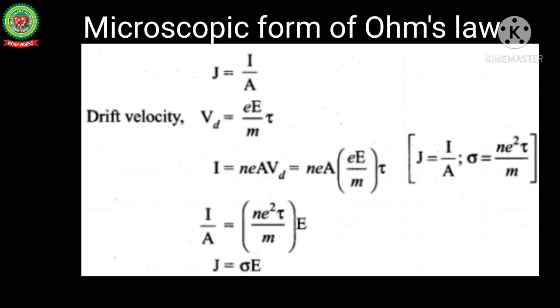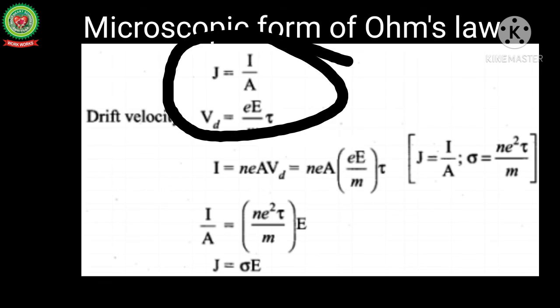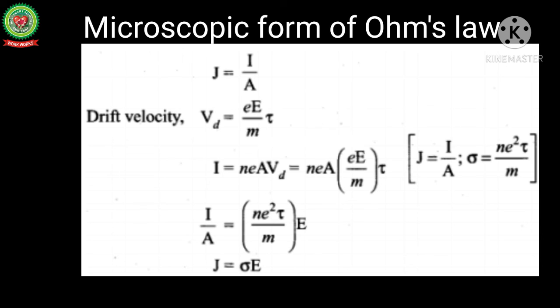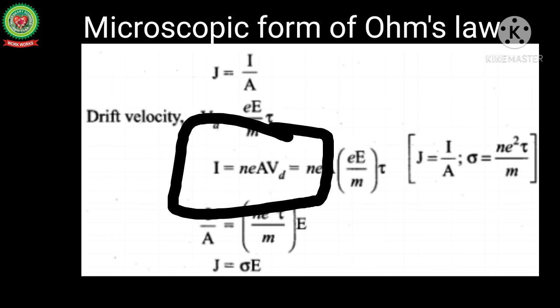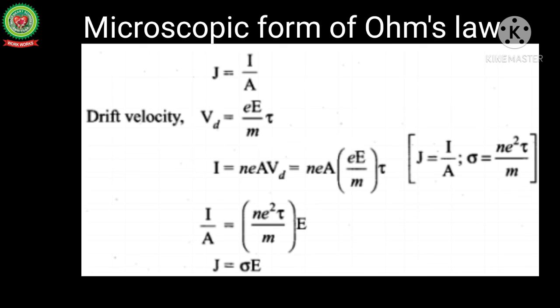Students, as you all know, current density J is equal to I over A and drift velocity Vd is E e over m into tau. I is equal to neAVd. We have inserted the value of Vd from the previous equation.